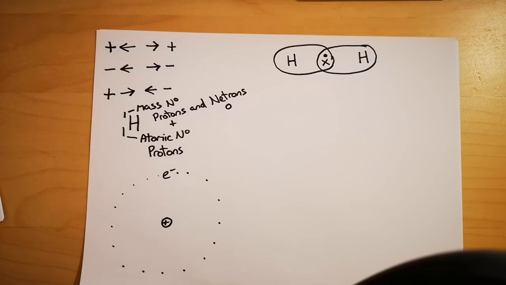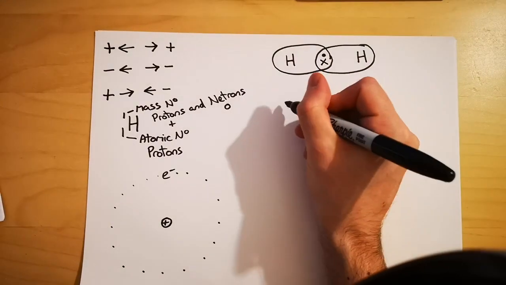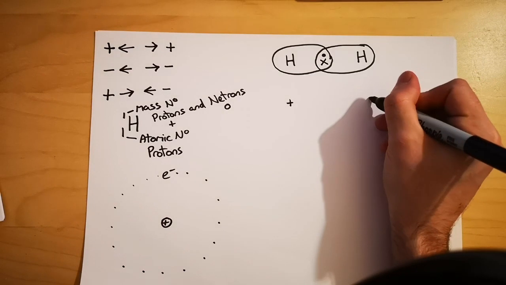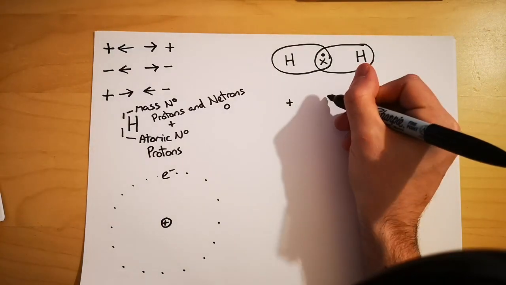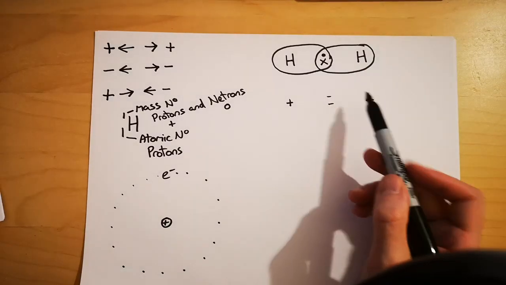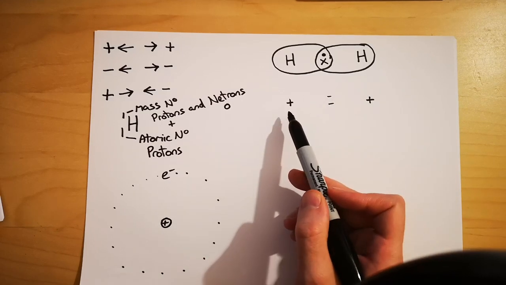But for the time being, what we want to be thinking about is we've got one positive charge over here, and one positive charge over here, and our two negative charges right in the middle. Now, that positive charge there is the same as that positive charge there.